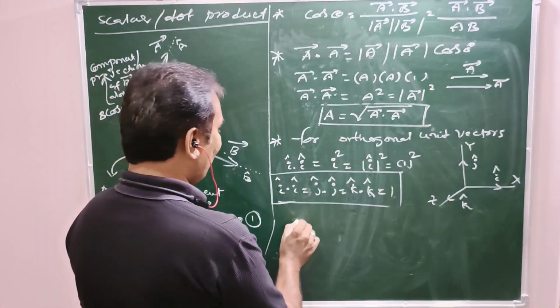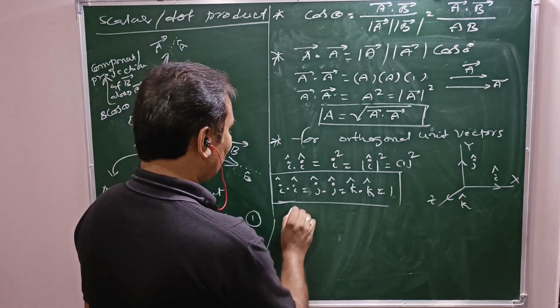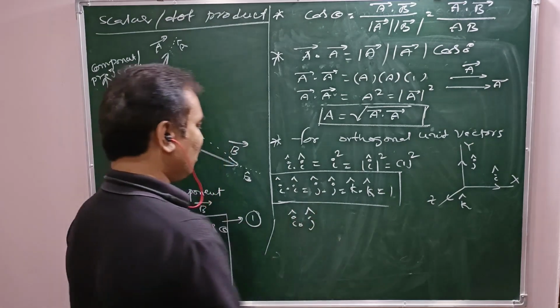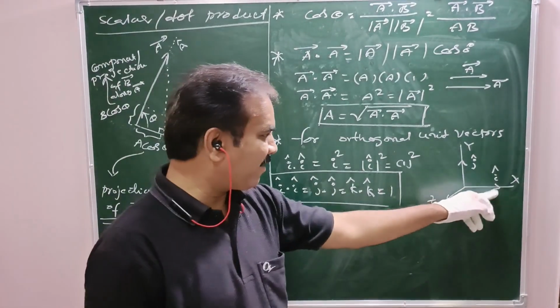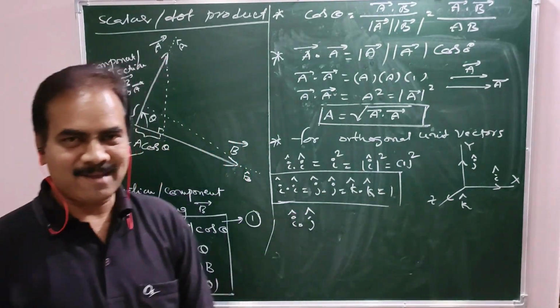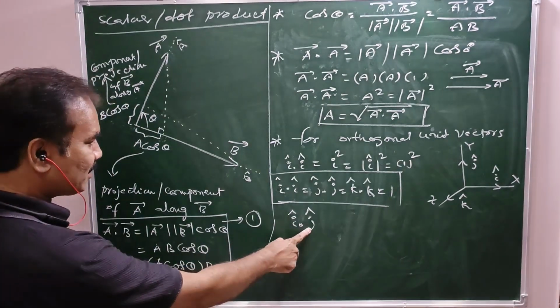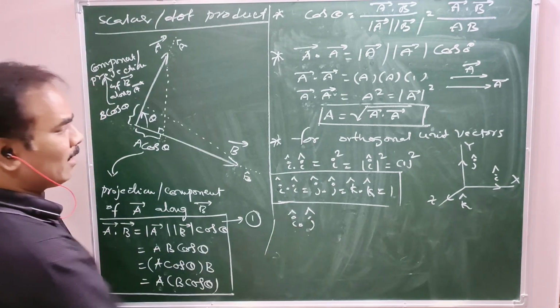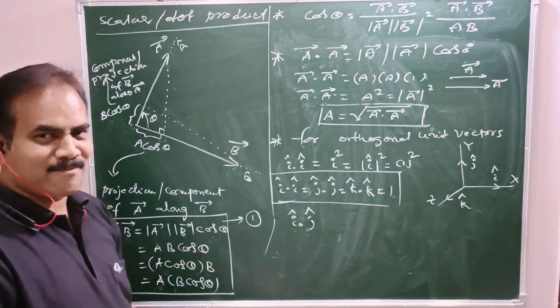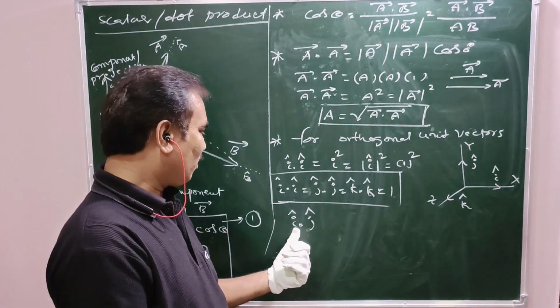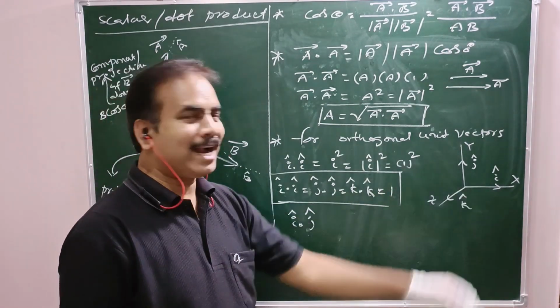Similarly, i dot j. What is the angle between i and j? 90 degrees this time. These are not same. i is different from j. Both are, of course, having same magnitude, that is 1 unit. But what is the angle between these two? 90 degrees.